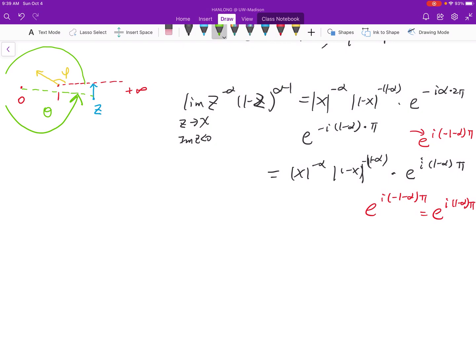So as we intuitively showed before, this formula comes from the fact that when you cross 1 to positive infinity, the angle changes 2 pi. So exponential i 2 pi contributes the constant 1.